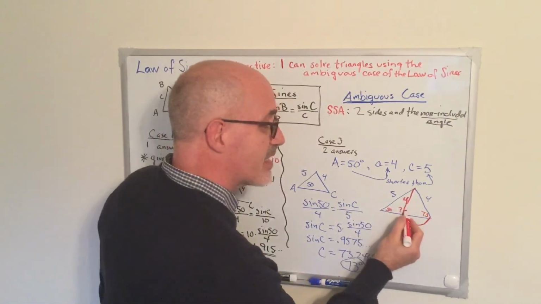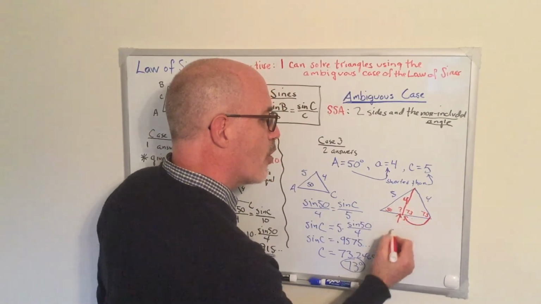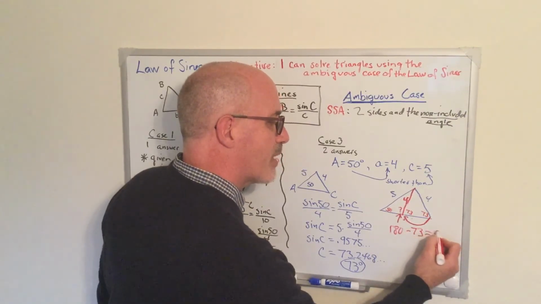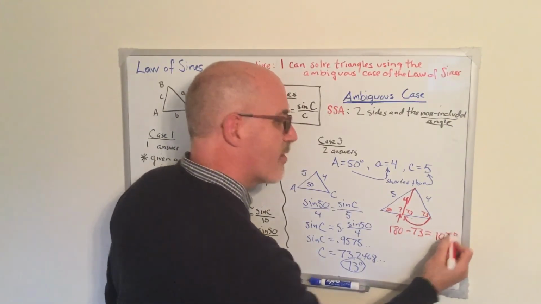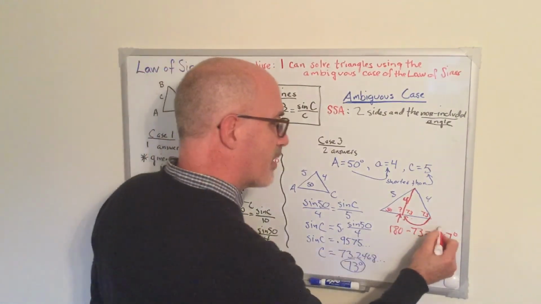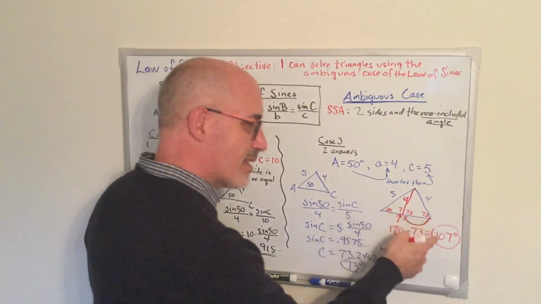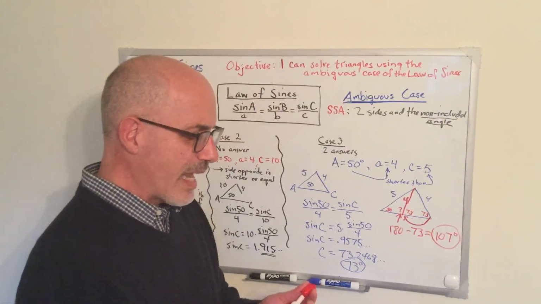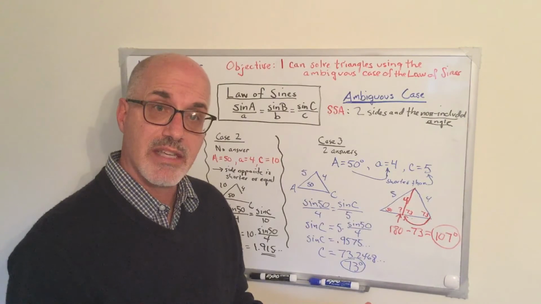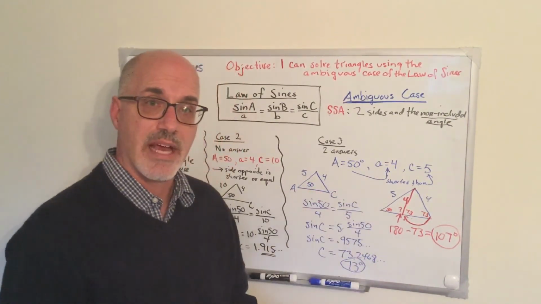That makes it 73 here also, so that angle right there would be 180 minus 73, which would give us 107 for the second possibility for the angle. So we have two possibilities. We have this first angle of 73 degrees. We have the second angle of 107. We'd have to use both of them to calculate the rest of the missing information. So we'd have two cases, but we now have two solutions for that.